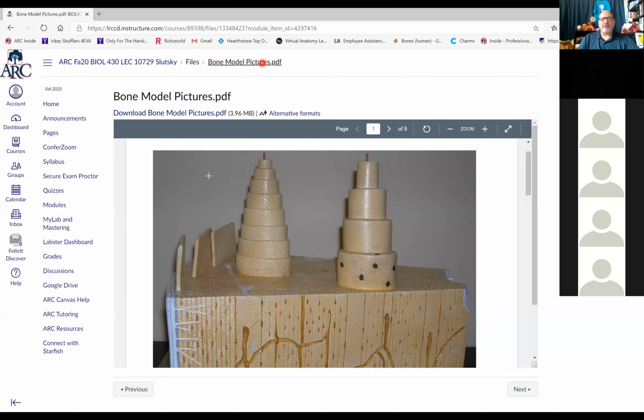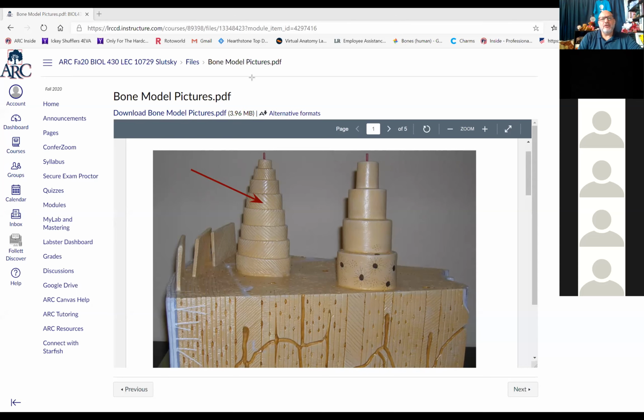If on the exam I had an arrow pointing here and asked you to identify that layer of matrix, how would you answer that question? Lamellae? Circumferential lamella. Well, okay, so you get partial credit for lamellae, but these are forming the osteons, so as Allison pointed out, they're the concentric lamellae.